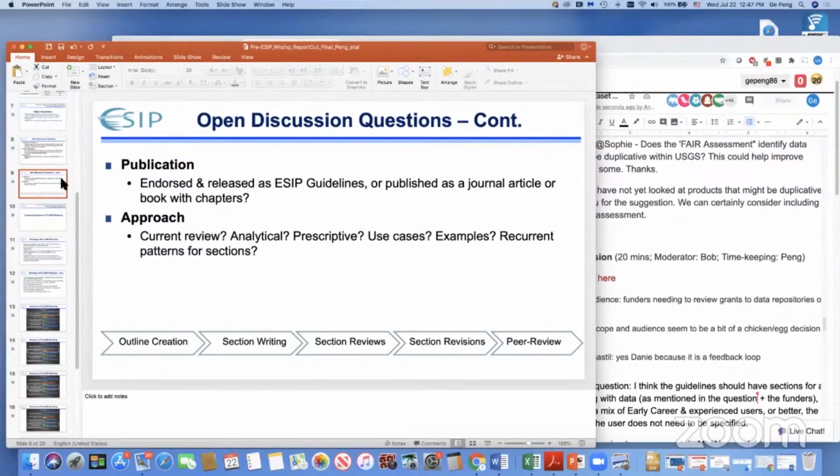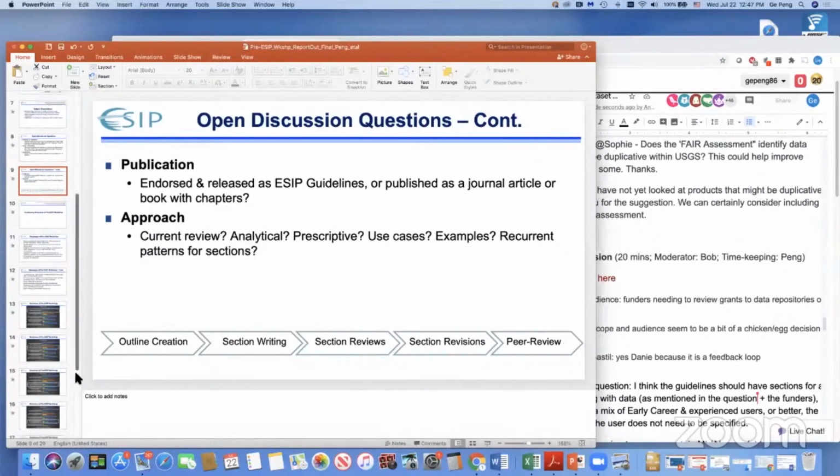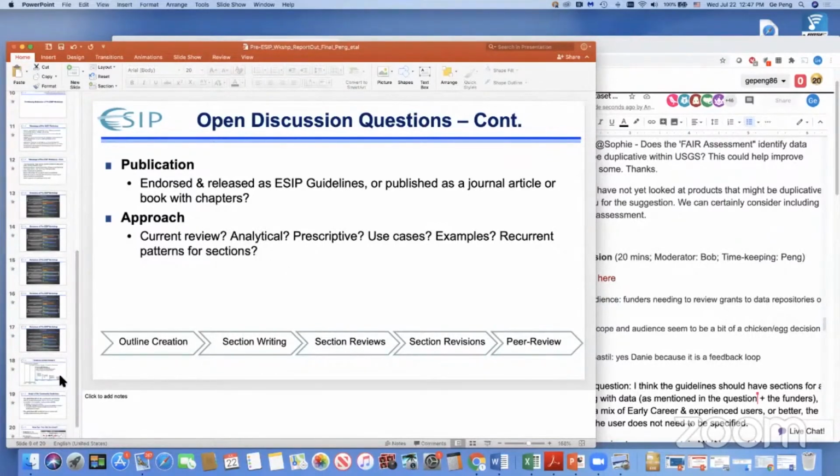So I think about books with chapters to be a bit heavy or less actionable. Maybe that's just my connotation, but I would really love to see how this document becomes more applicable instead of a theoretical side of things.